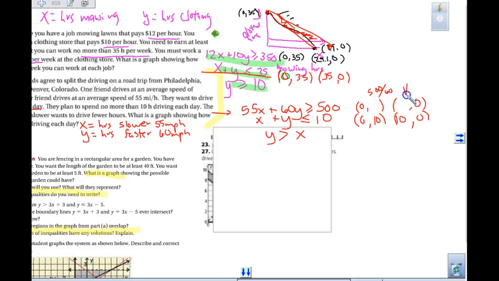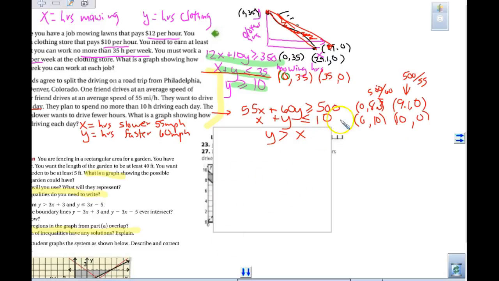This is going to be your 500 divided by 55. Okay? Which gives us 500 divided by 60 gives us how much? 8.3. And 500 divided by 55 gives us about 9.1.